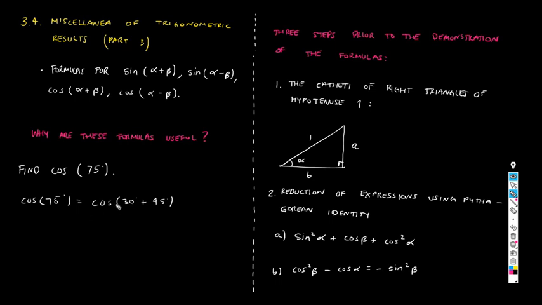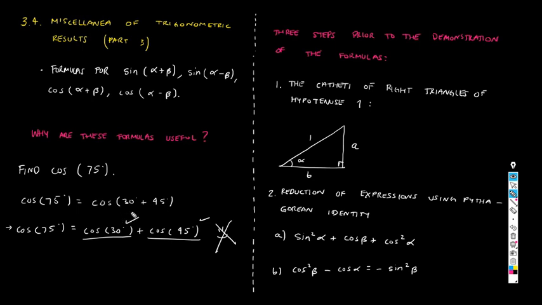I hope you remember. So people are going to say, okay, if the cosine of 75 degrees is equal to the cosine of 30 plus 45, that means the cosine of 75 degrees is equal to the cosine of 30 degrees plus the cosine of 45 degrees. And since we can calculate this one and this one independently, then I'm done with the problem. Well, no, that would be incorrect.